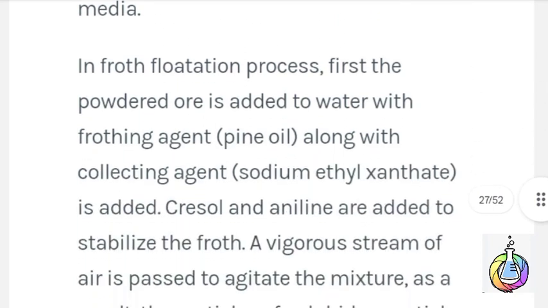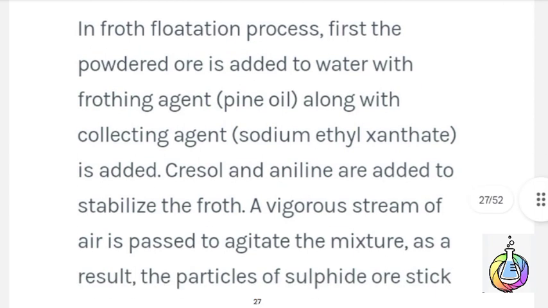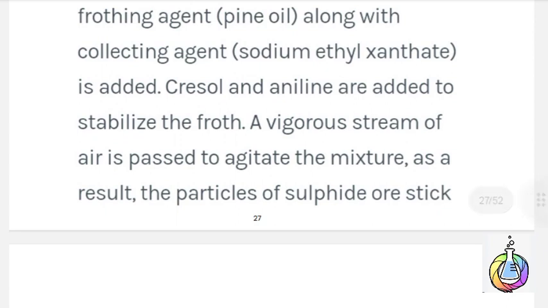In the froth flotation process, first the powdered ore is added to water with a frothing agent, pine oil, along with collecting agents. Sodium ethyl xanthate is added. Cresols and aniline are added to stabilize the froth. A vigorous stream of air is passed to agitate the mixture.